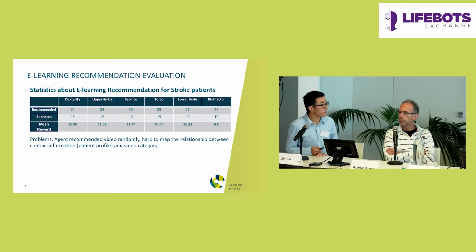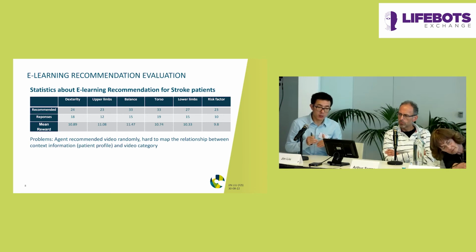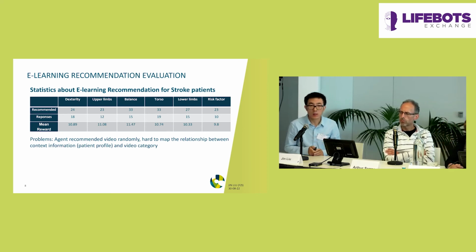You can see the reward is very close across categories. That creates some problem for us, because it means that the patient has somehow the same preference for each category, which means all these categories are relevant to the patient. So the recommendation is somewhat random, but we can still see that the patient was quite happy with the recommendations. From the feedback in the reward function, we can see that the rewards are quite high.